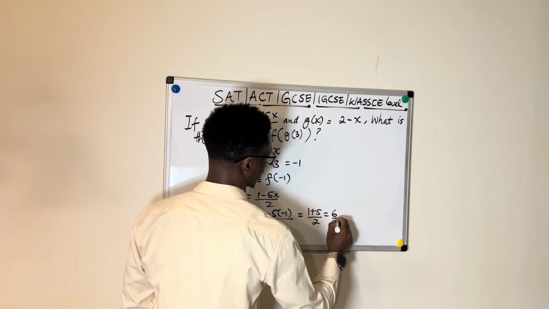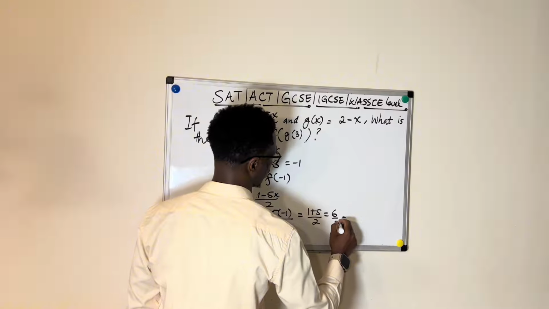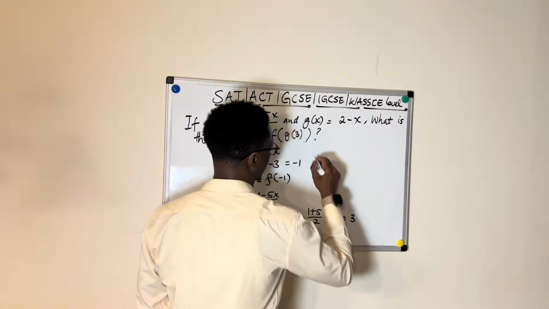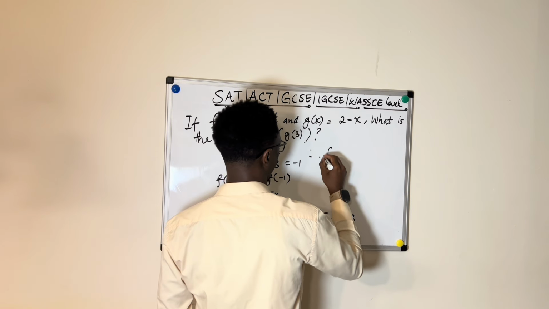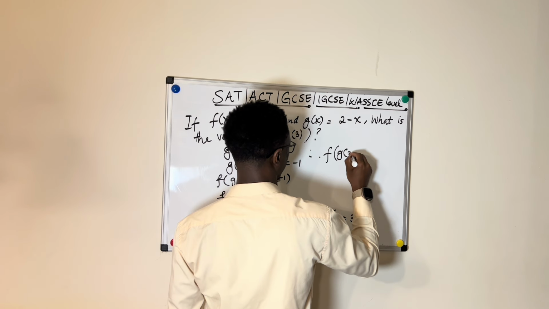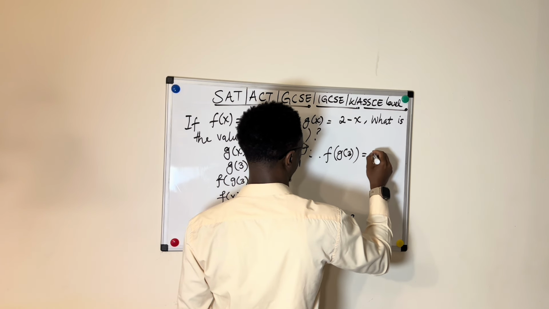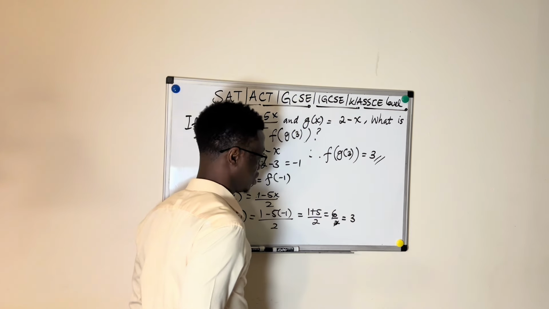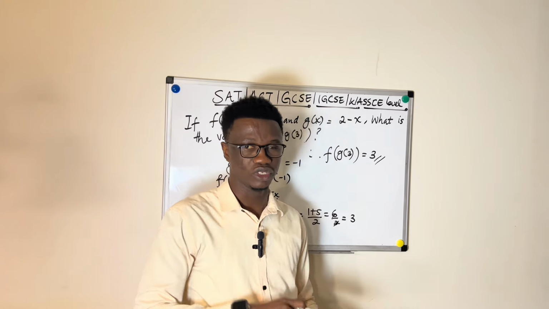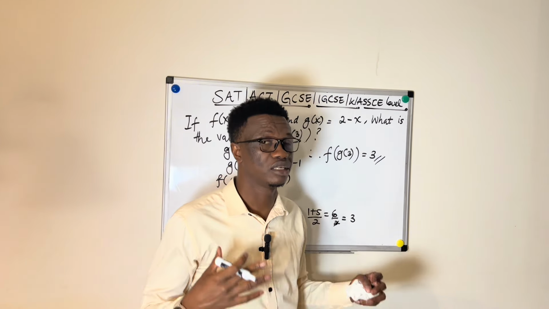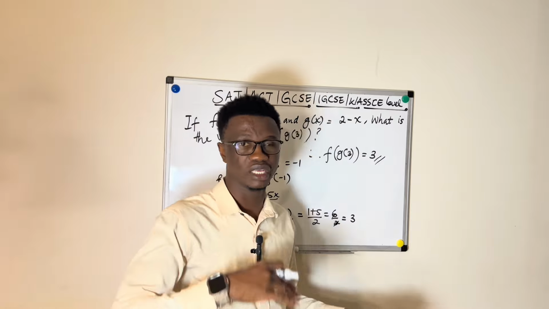This is 6 over 2, so hence your answer here becomes 3. Therefore, f of g of 3 is equal to 3, which is your answer. So this is the first example. Then let's look at the next one.